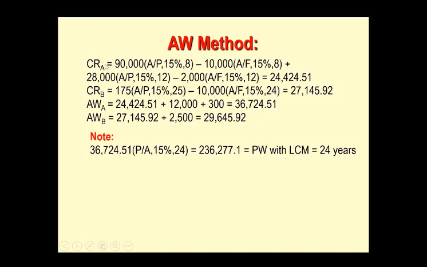Now the capital recovery of plan A is 90,000 times a factor. What is this factor? Not uniform series present worth.